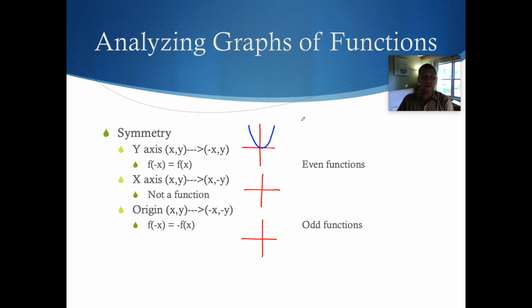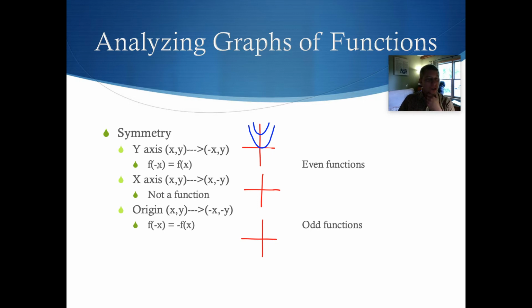A parabola that passes through the origin like so is symmetrical about the y-axis. You could also draw it up here, as long as it is the same on both sides, that you've got a mirror image around the y-axis. You've got a symmetrical function that is what we call even.